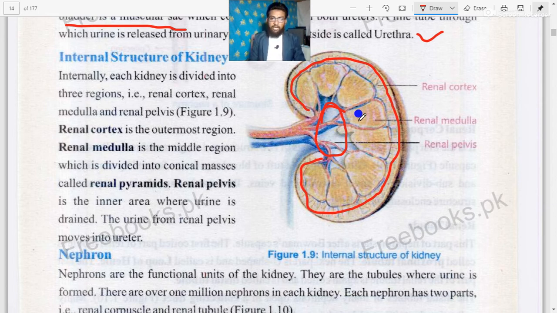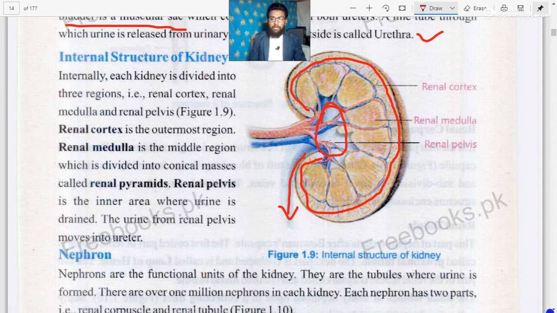This urine enters the inner area known as renal pelvis. The renal pelvis collects urine from the middle area known as renal medulla. From the renal pelvis, urine passes to the ureters, which run downward. Here, the arrow is showing the ureter.